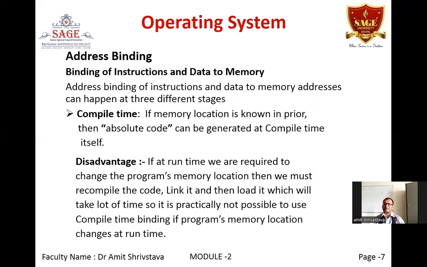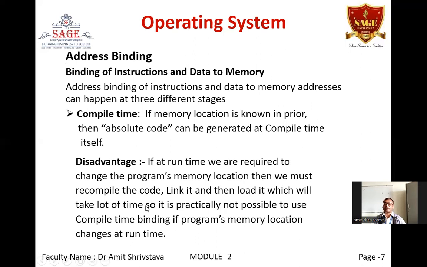This mapping can be done at 3 different times. First, at compile time. If the memory location is already known in advance, then absolute code can be generated at compile time itself. What is the disadvantage? If we try to shift our program at runtime, maybe due to the compaction technique or any other reason, then the program needs to be recompiled, linked again, and loaded again.